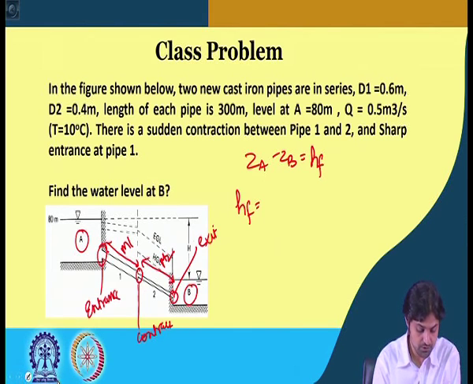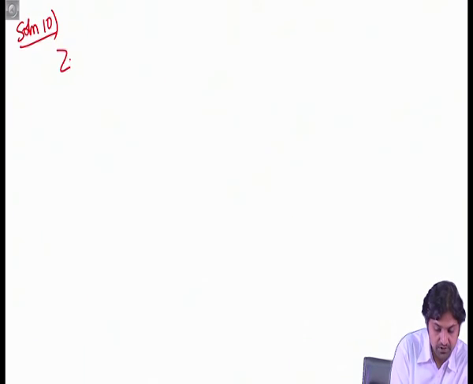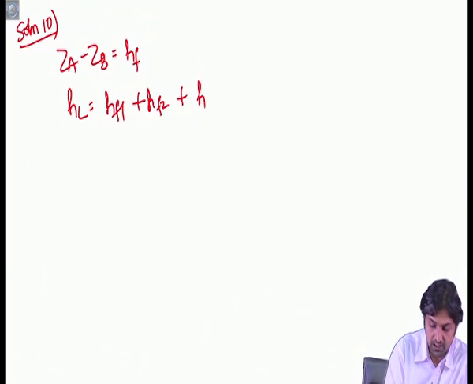Good. So, to solve that, we will take the help of the white screen again. Solution number 10, ZA minus ZB is equal to HF, and this total HF or HL will be HF1 plus HF2 plus H entrance plus HC plus H exit.